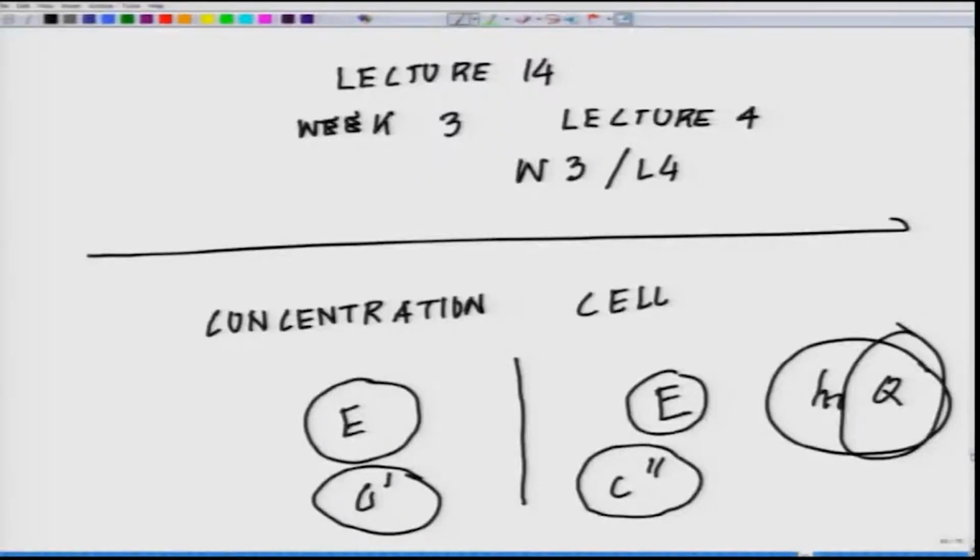Before we get into that, let me talk a little about the principle underlying the concentration cell, which is particularly important where solutions of electrolyte have different concentrations. Say, for example, you have solutions of electrolyte on the left hand side as well as the right hand side, and they are separated.